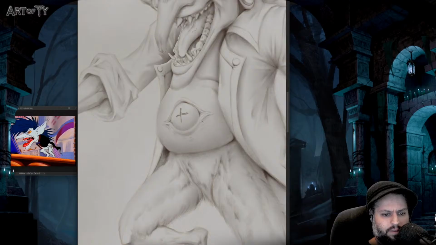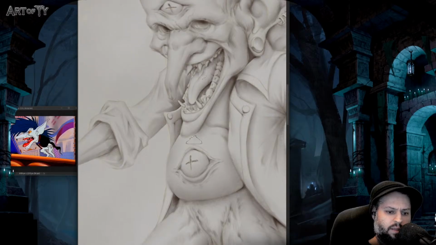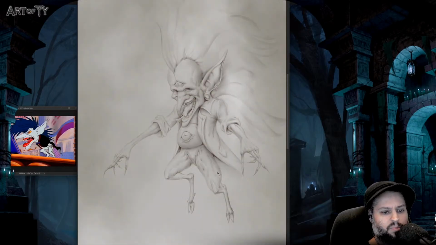Do we like the, I think maybe we need a little more shadow underneath this eyeball. Probably get a little darker with this definition here, a little more in the corners, and then a little more underneath the chin. Sure, get that separating off the body.